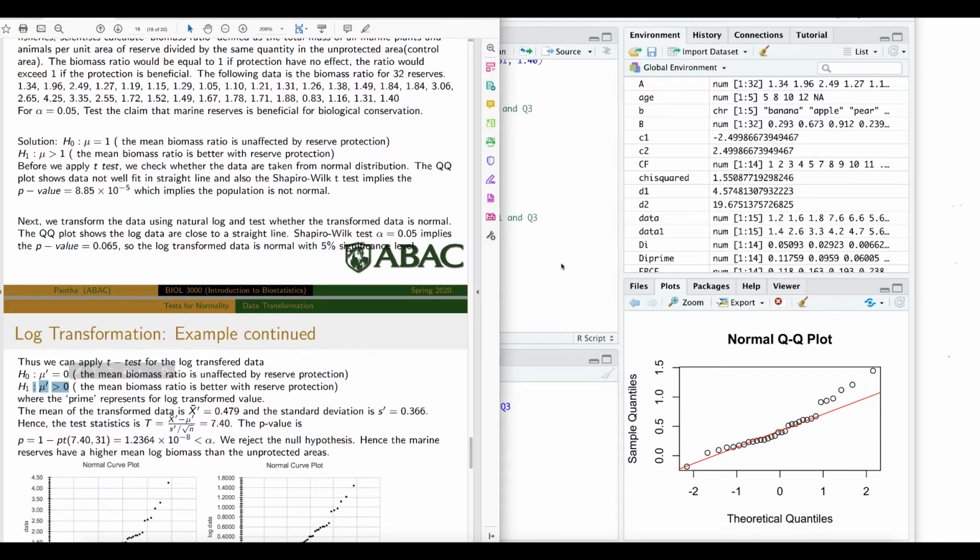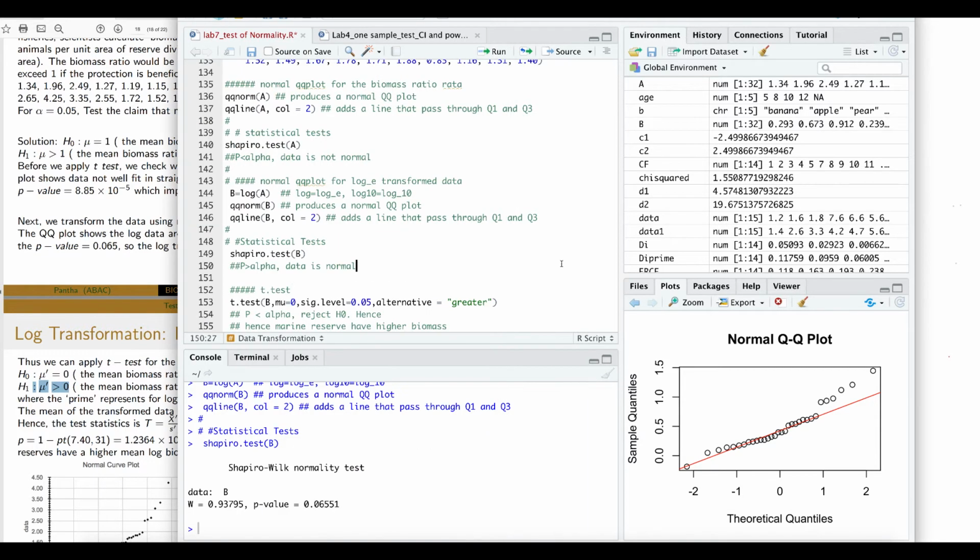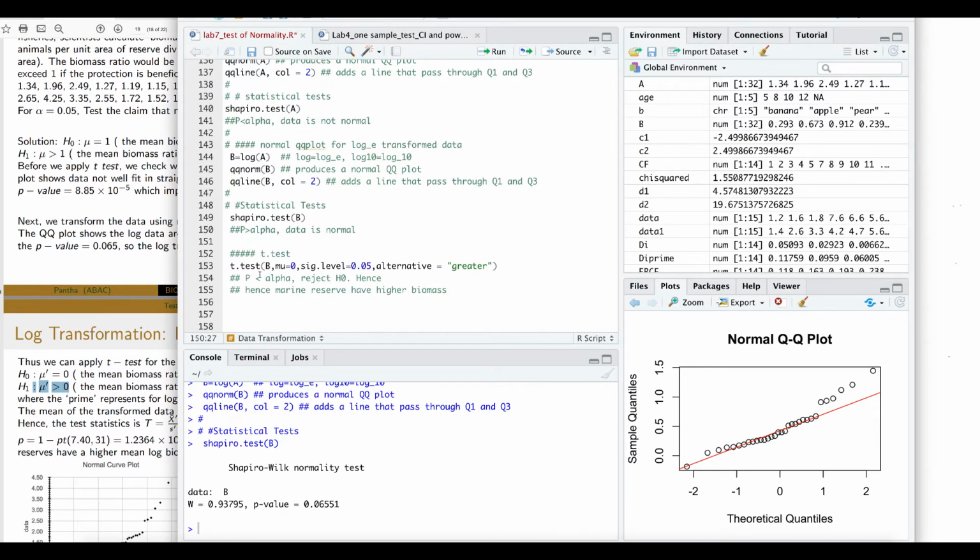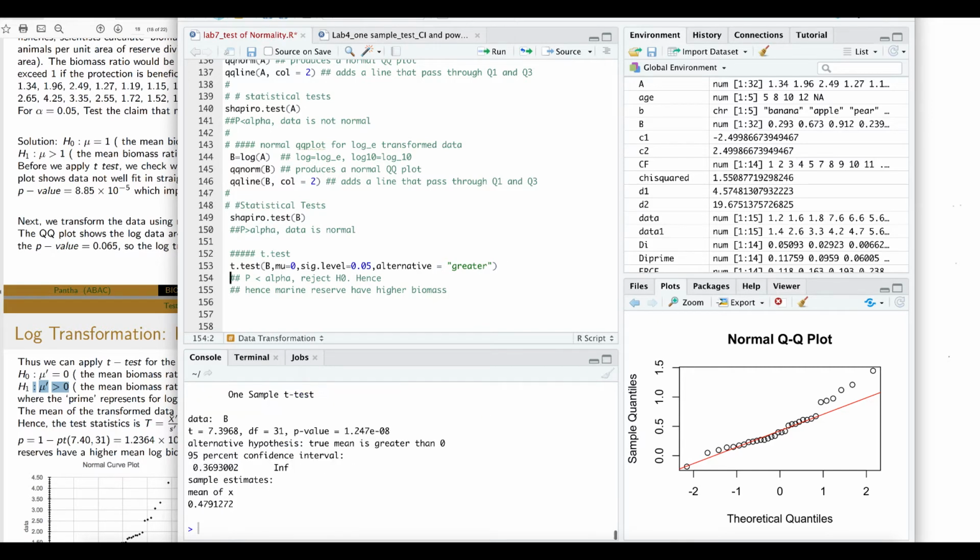But if you want to do it in R directly, what do you get? You run t.test of b with mu equals 0, significance level 0.05, and alternative greater, because it's a right tail test. If you do that, you get a very, very small p-value, 1.247.